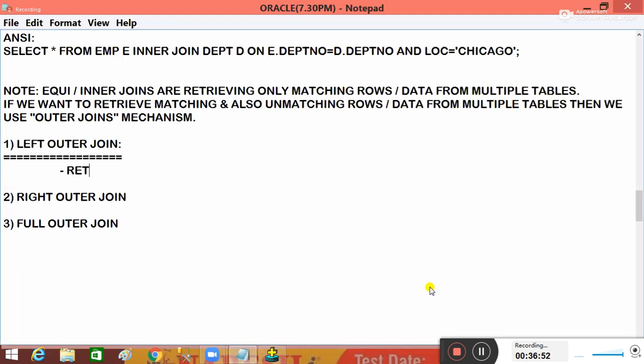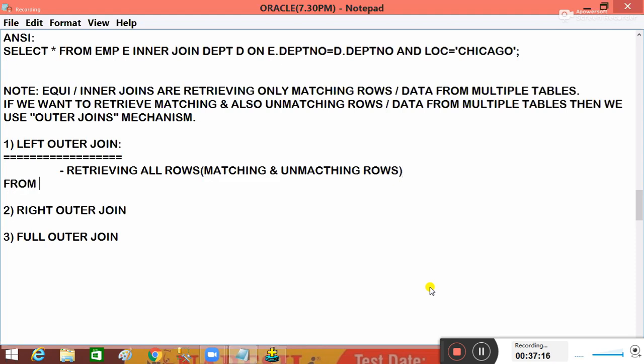Left outer join means retrieving all rows, meaning matching and unmatching rows from the left side table, and matching rows from the right side table.